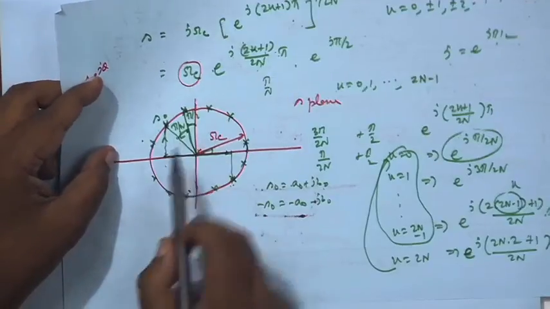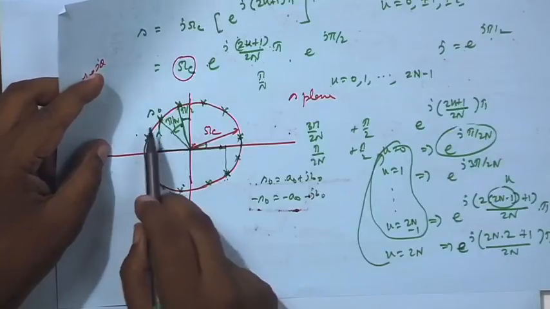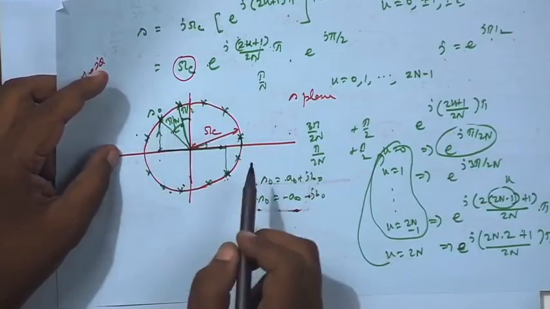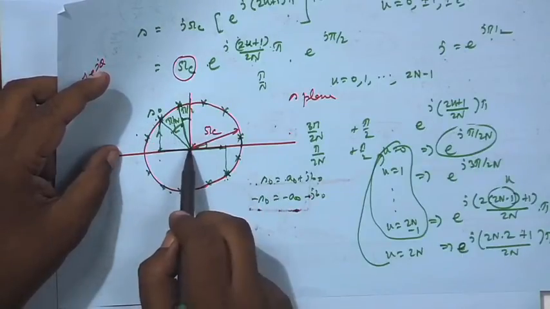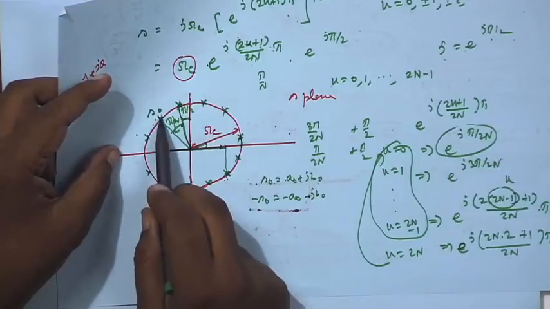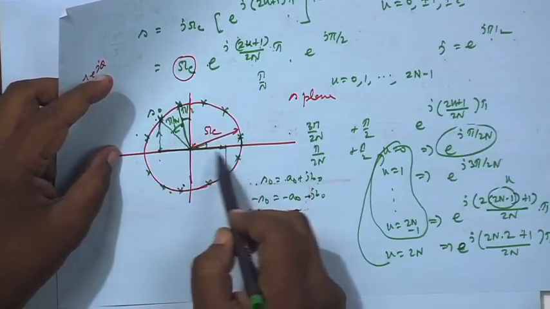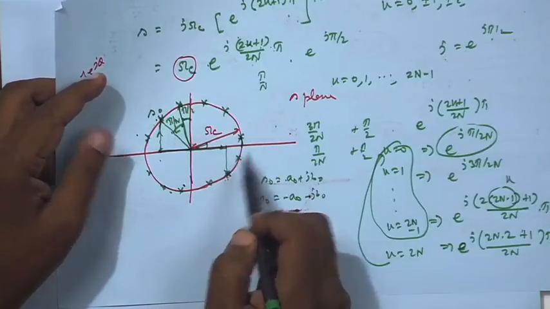And there is one more property that we have just discussed: if there is a pole at any value of S, say S0, then there will be another pole at minus S0. Which means if S0 is on the left-hand side, that is, real part negative and suppose imaginary part positive, minus S0 will be on the right-hand side, real part positive and imaginary part negative, and vice versa.